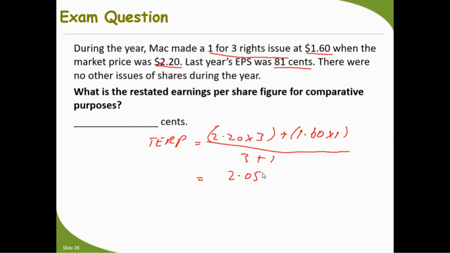Now, restated EPS. Previous period EPS 81 cents times, now TERP is the numerator, the lower amount is the numerator, and the higher amount, 2.20, is the denominator. So 2.05 times 81 divided by 2.20 is equal to 75.48 cents.